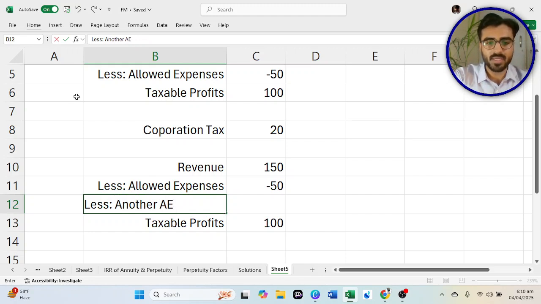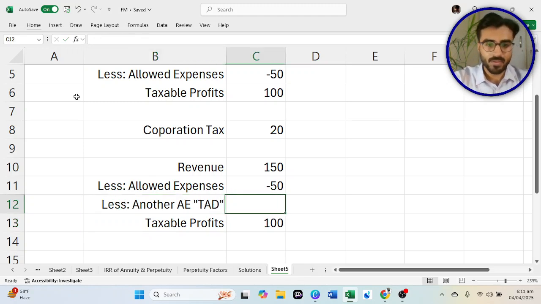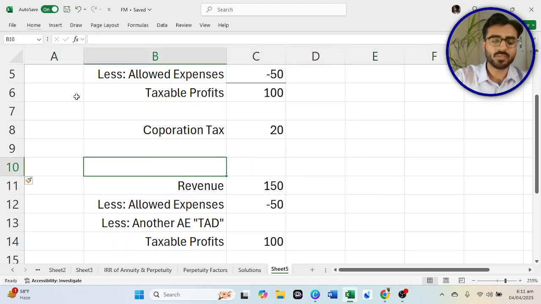Let me just write it here, AE, allowed expense, and that allowed expense name is TAD. So the government has allowed me to deduct another expense named TAD if I accept the project. So I should write this here also, if accept the project.